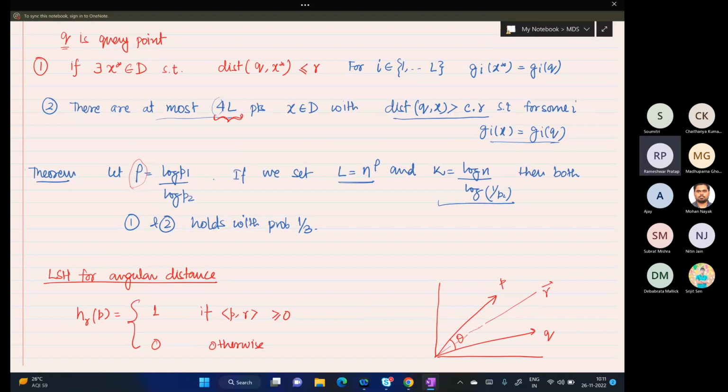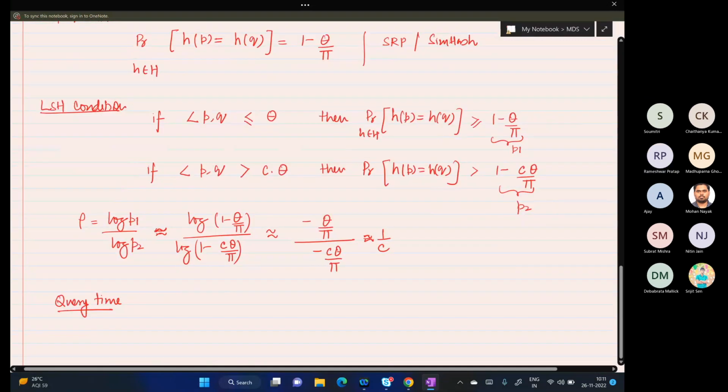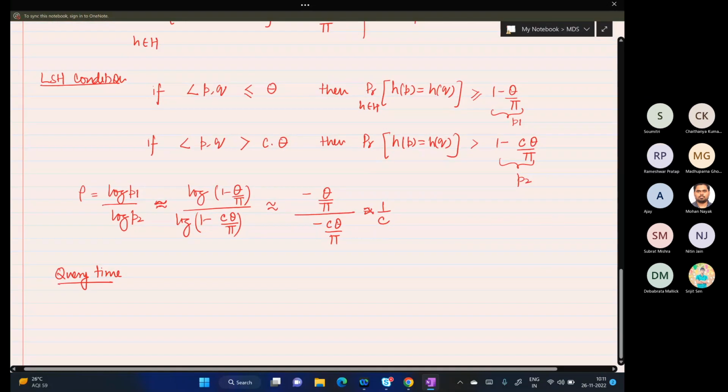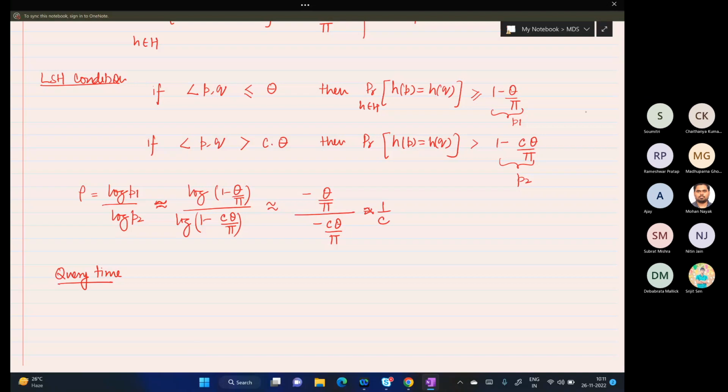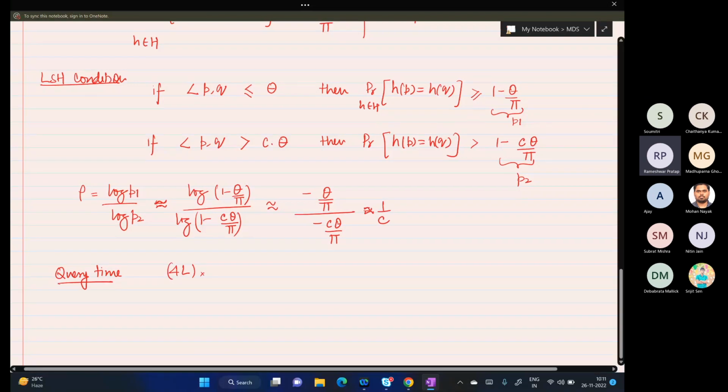So since we are computing distance with at most 4L points, the query time will be 4L, and computing the distance requires order D time.